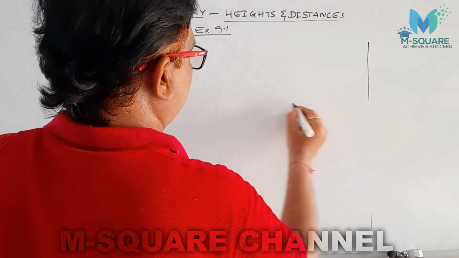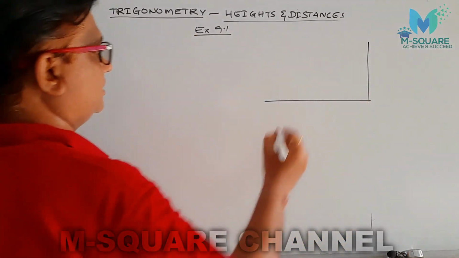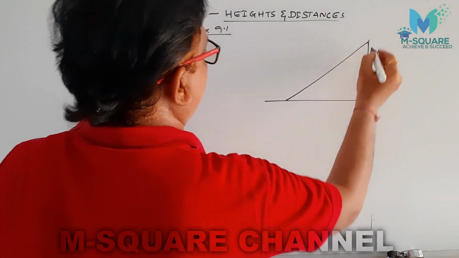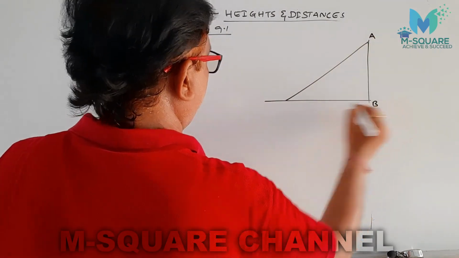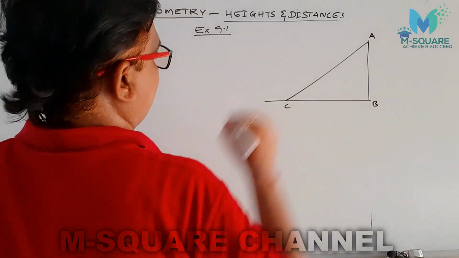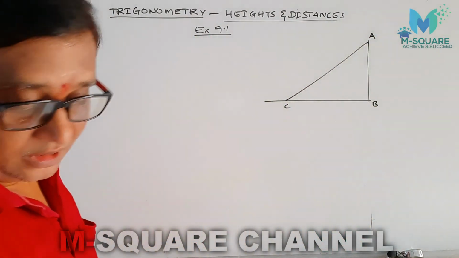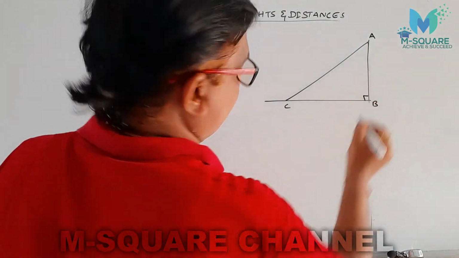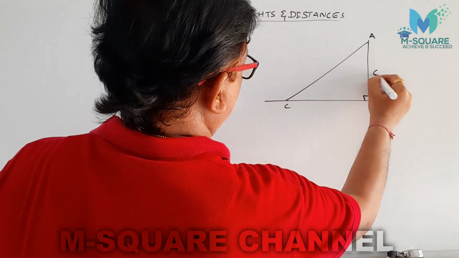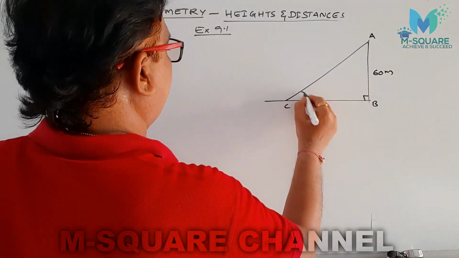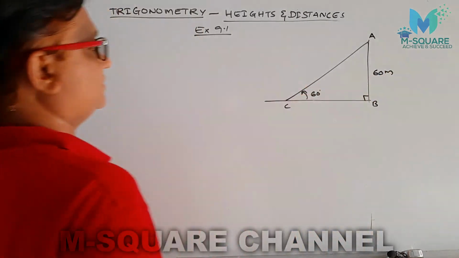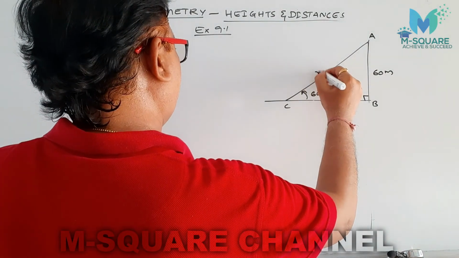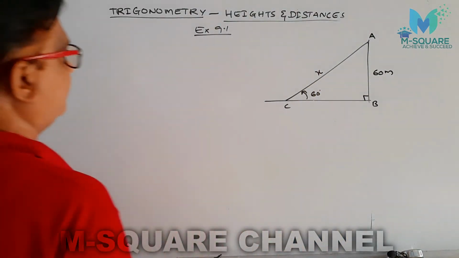So first of all, take one diagram: this is the string and here the kite is there, A, B, C. This is the string length, and the height of the kite from the ground is given as 60 meters, and the angle of elevation is 60 degrees. We are going to find out the string length.